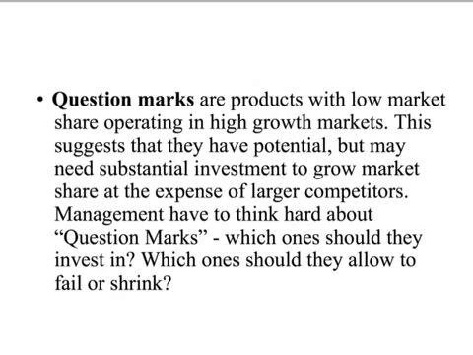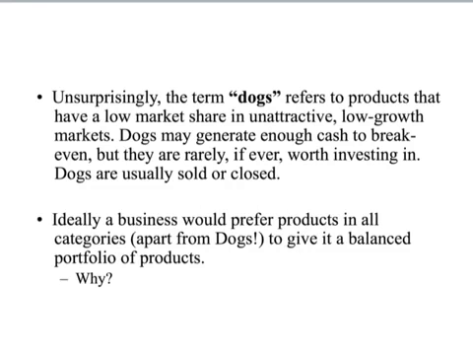A problem child product is normally a new product that is yet to establish itself in the market, and consequently it's not profitable yet. So investment in marketing is needed in order to raise the profile of the product within the market that we know is already expanding. The dog products, unsurprisingly, are those that have low market shares in relatively unattractive, low growth markets.